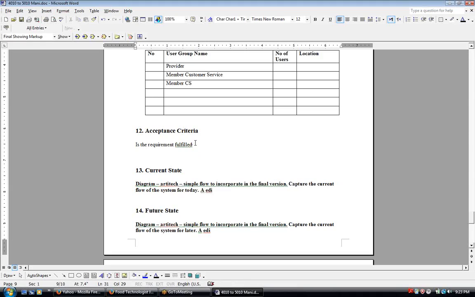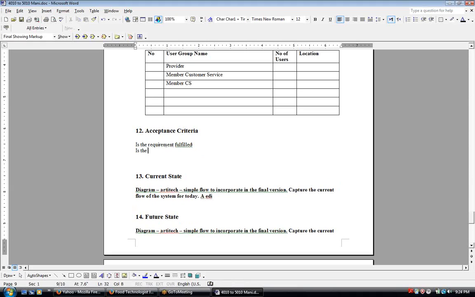So in 5010, whatever is changing, let's say submitter ID is changing from 10 digit to 12 digit. I'm just hypothetically giving you an example. So for your acceptance criteria, if you have too many requirements, you can say that all the requirements must be achieved and tested thoroughly for this particular enhancement to be accepted.